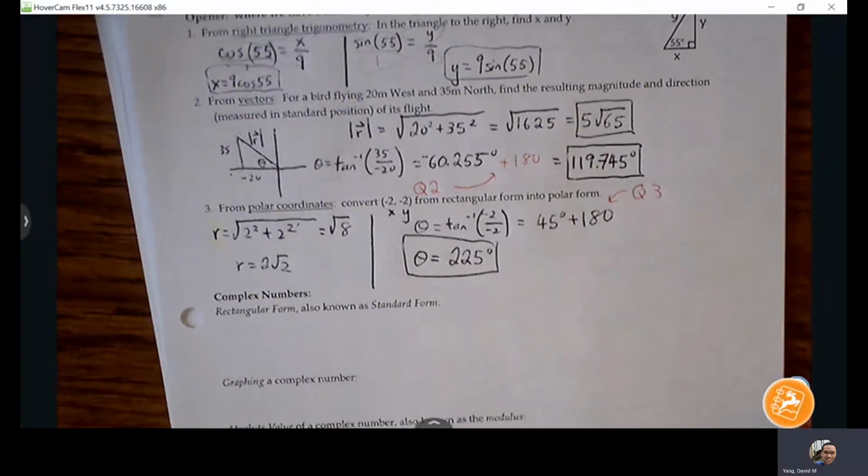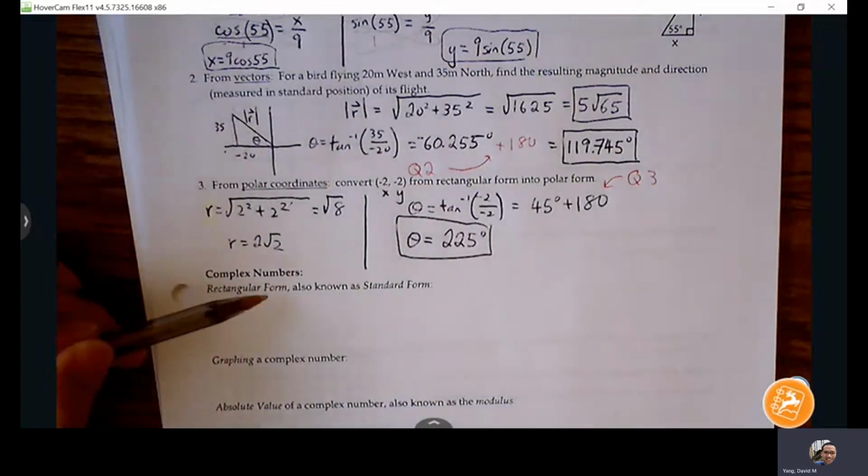Okay, so we're cycling through similar notes that we just did on the previous page.